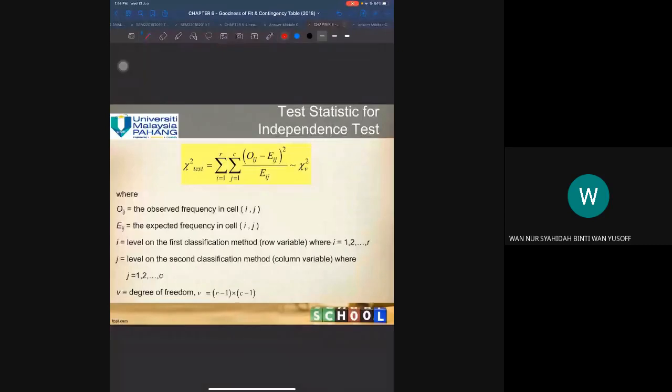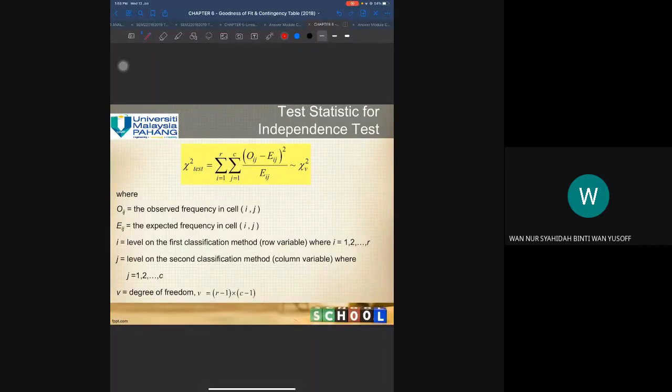The chi-square is calculated similarly to the goodness of fit test, between the observed frequency and the expected frequency. The data given is your observed frequency, and we need to calculate the expected frequency. The expected frequency here is not based on probability; it is based on the total data.